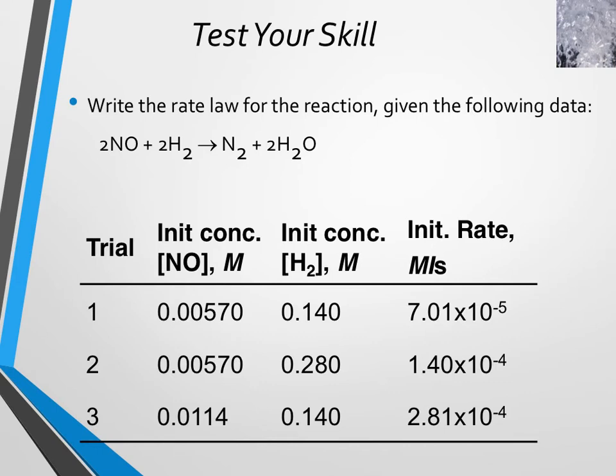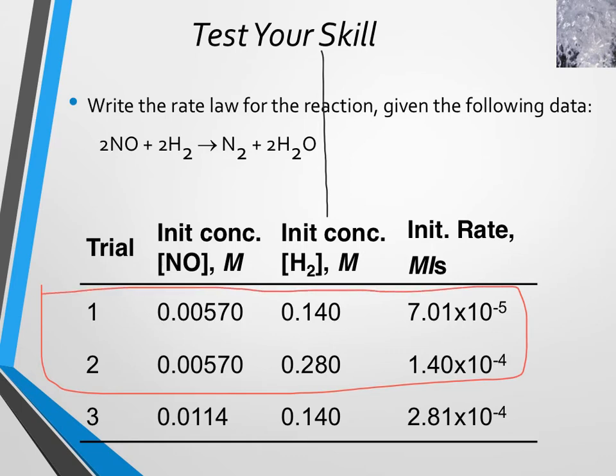I want to present the math approach to solving this, and I'm pretty sure that's what your lab is going to ask for also. So let's compare trials or experiments 1 and 2 first, and you can see by looking at those that the concentration of nitrogen monoxide is held constant.